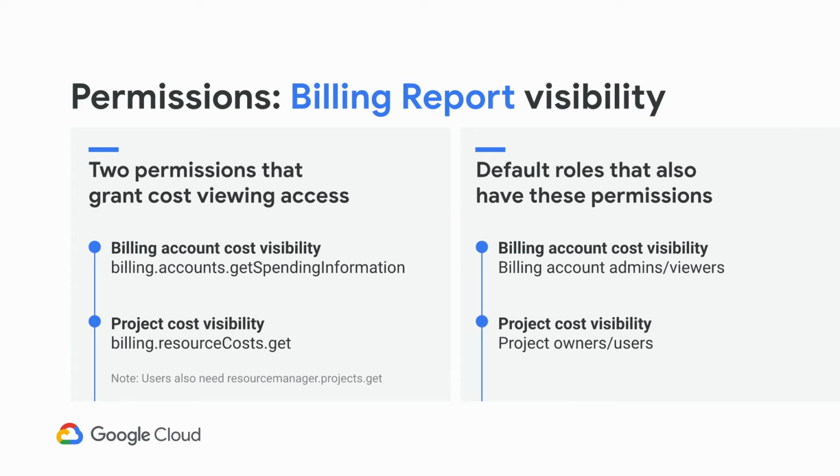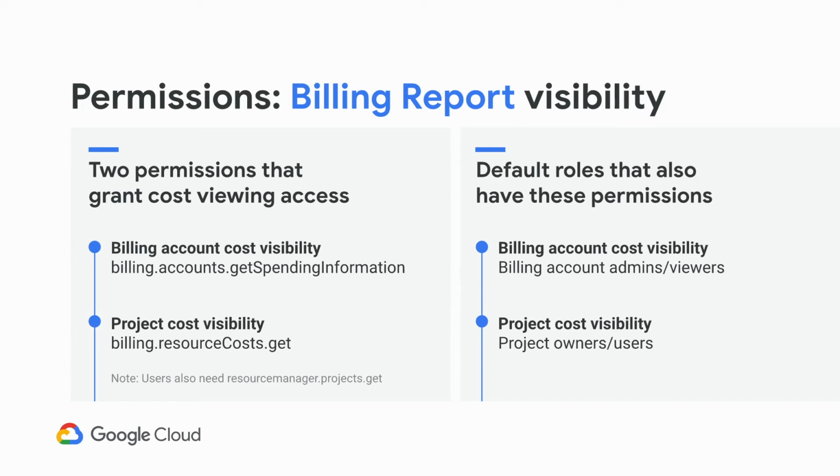So we mentioned that it's important, and at the end of this or while you're watching, you can do this, to give permissions to team members who should be able to see reports. Very concretely, there's two permissions that grant cost viewing access. There's either the billing account permission that gives users visibility into all costs under the billing account, or there's a very specific one, which is project cost visibility.